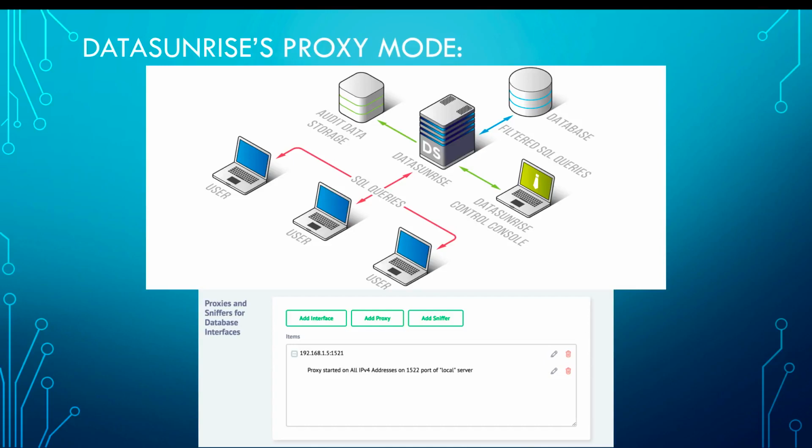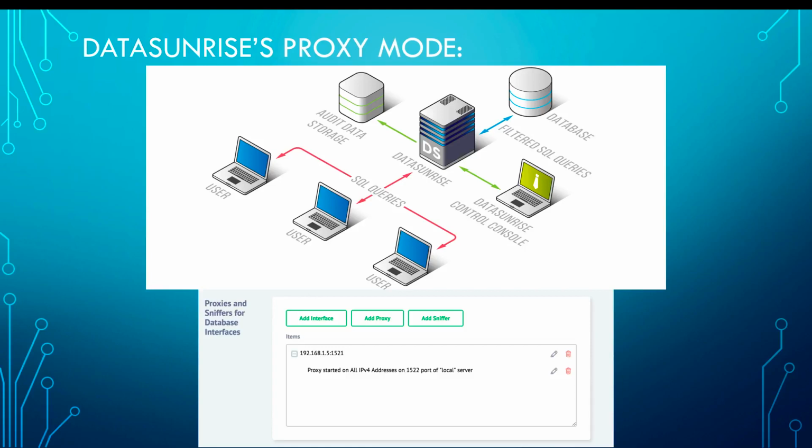So, I assume that you have already been exposed to this slide somewhere before when you started dealing with DataSunrise. With DataSunrise, in this example, for instance, we are connecting to the database through port 1522, and the original port is 1521. It is totally up to you to choose the ports for the database, for the initial listener configuration.